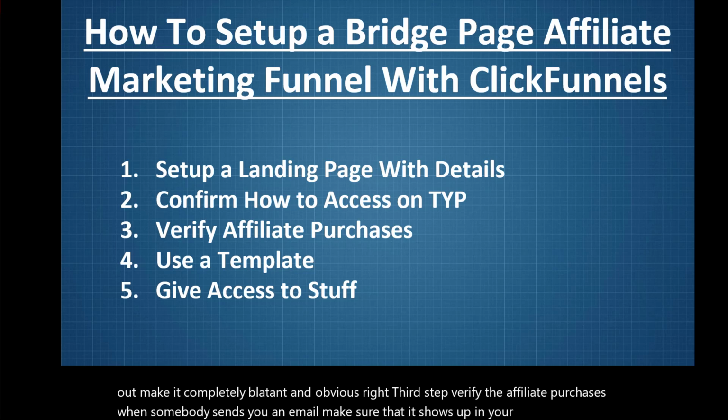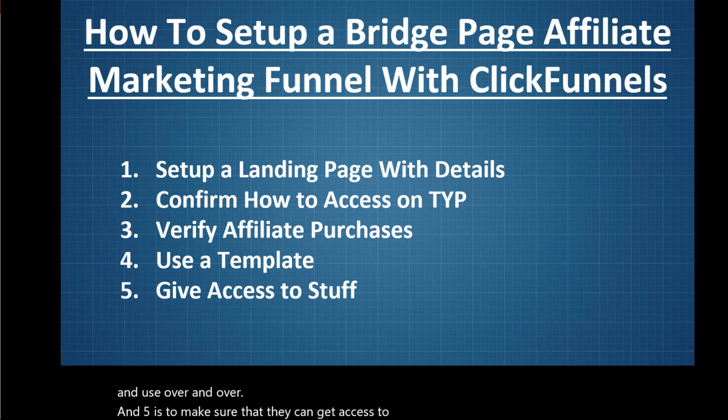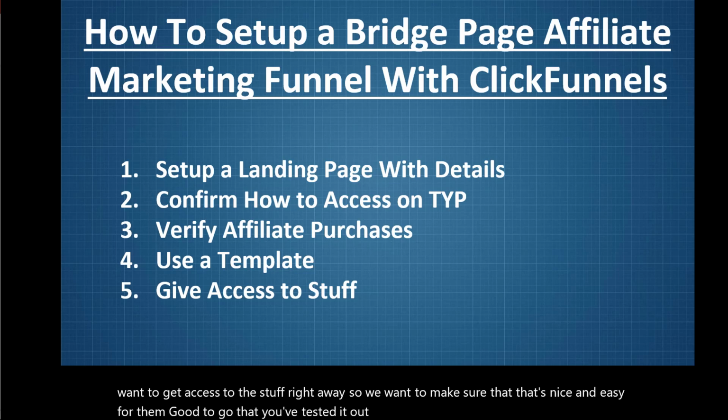The fourth step is to make life easy on yourself and just use a template that you can copy and paste and use over and over. And number 5 is to make sure that they can get access to the stuff, because that's what they want. They want to get access to the stuff right away. So you want to make sure that that's nice and easy for them, good to go, that you've tested it out, and they're going to be happy with what they've signed up for.